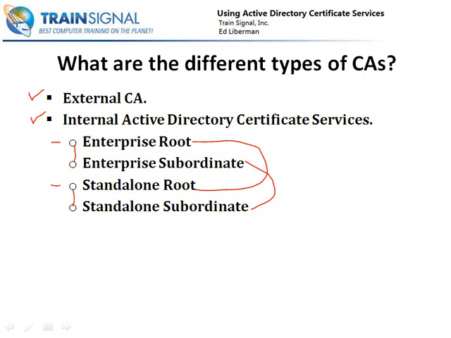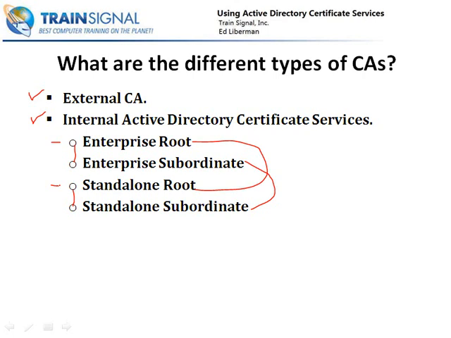As far as the term root versus subordinate, CAs can be implemented to form a hierarchy. This is done for the purposes of security, really, and in just a moment I'm going to show you an example of a hierarchy of CAs. But the root is pretty much the top-level CA, and it has what's called a self-signed certificate.